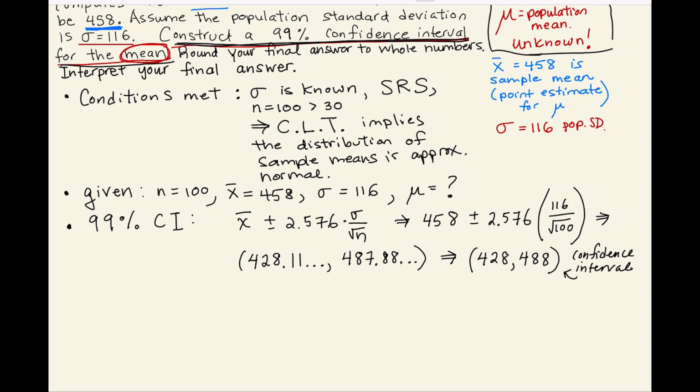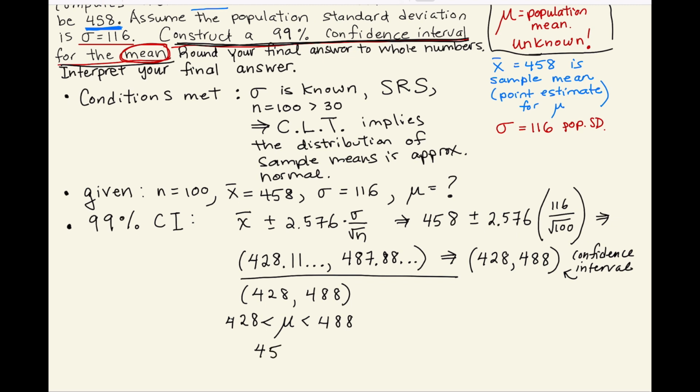There are a couple of other ways that you can write your confidence interval. First, of course, we have this interval notation. You could also write your confidence interval as an inequality, saying that mu is between 428 and 488. You can also write it in terms of the point estimate, the sample mean, and the rounded margin of error.